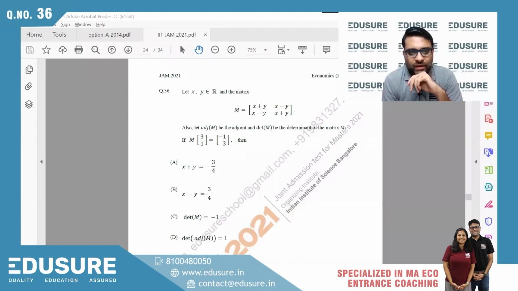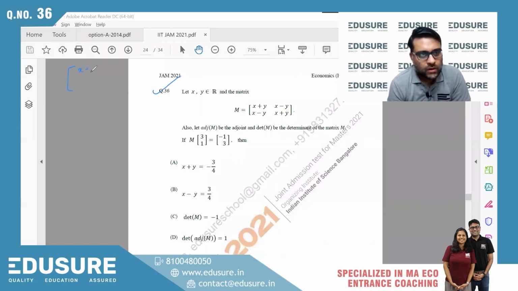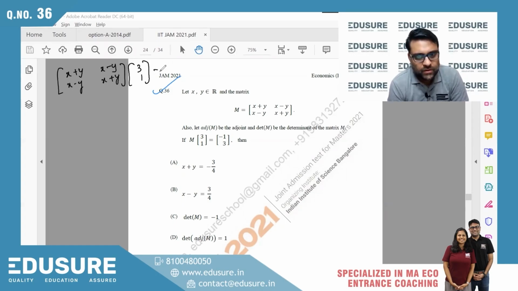IIT JAM 2021 question number 36. This is my M. So x plus y, x minus y, x minus y, x plus y multiplied by 3 1 is equal to minus 1 3.